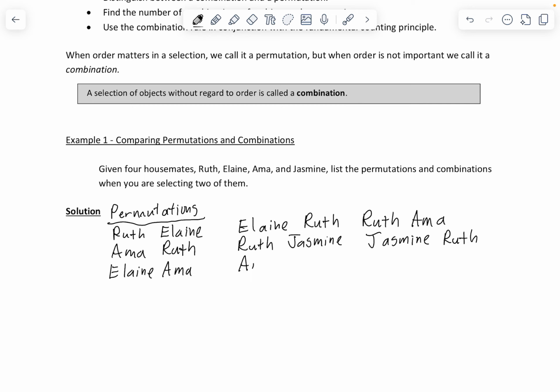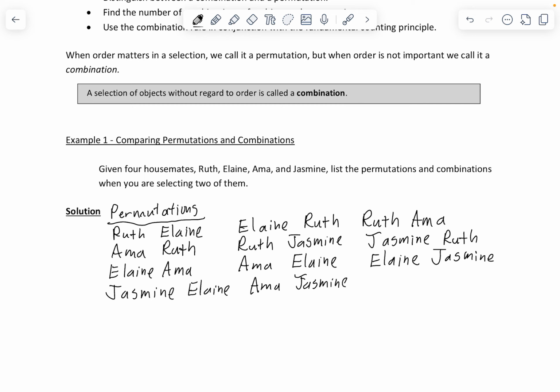We could do Emma first, followed by Elaine. We could do Elaine, followed by Jasmine. We could do Jasmine, followed by Elaine. Emma, followed by Jasmine. And then one more, we could do Jasmine, followed by Emma.